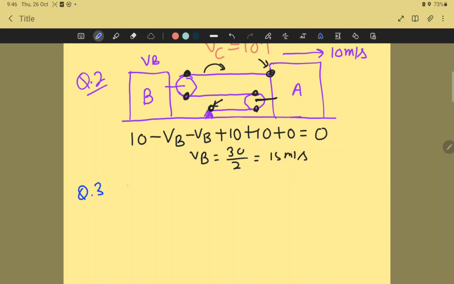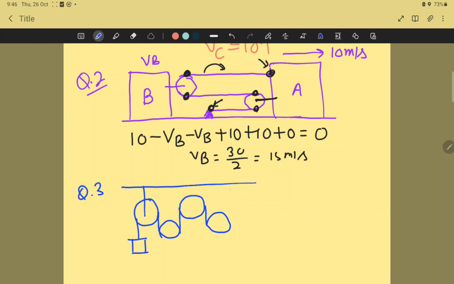Question number 3, and this is homework for you if you can manage this problem. Fine, these two connect with some A, B, fine.